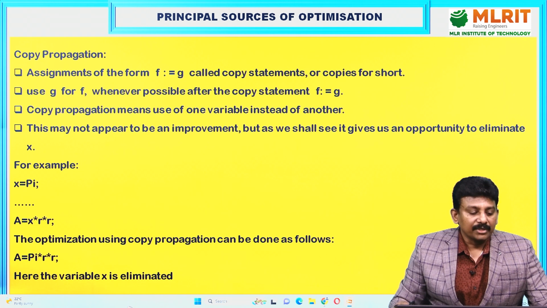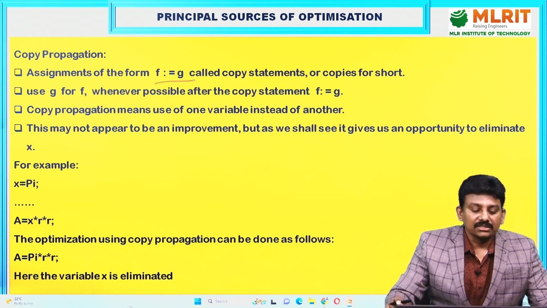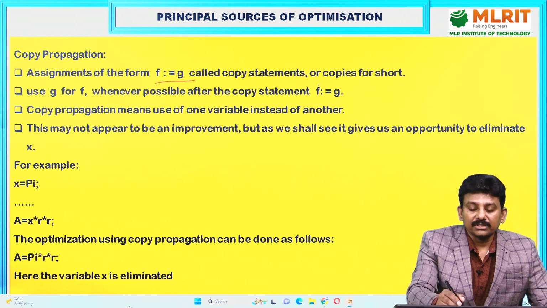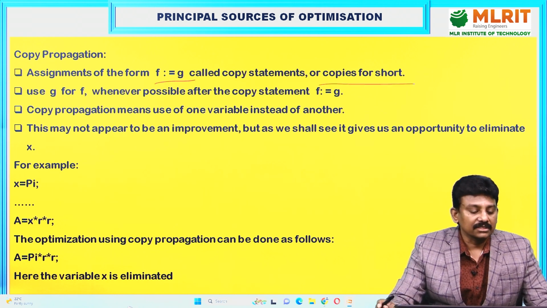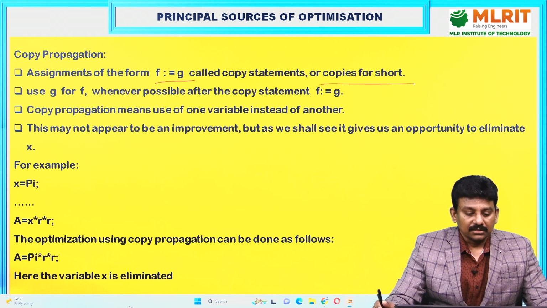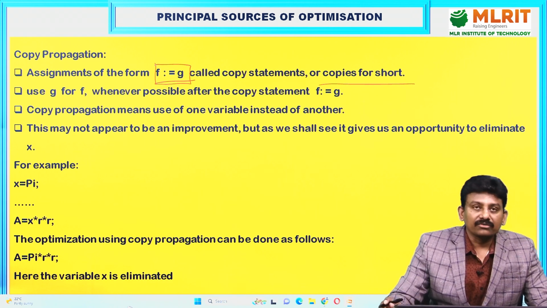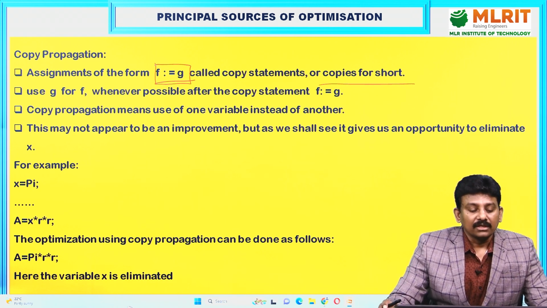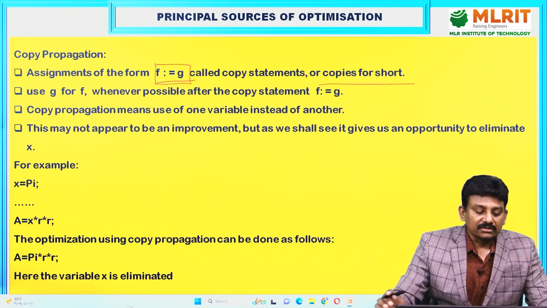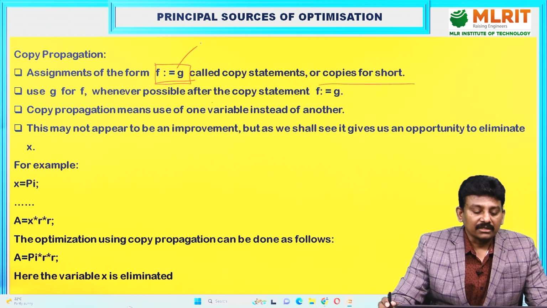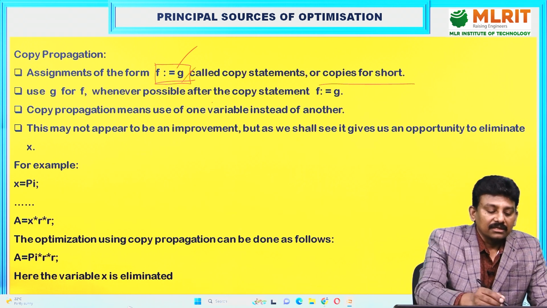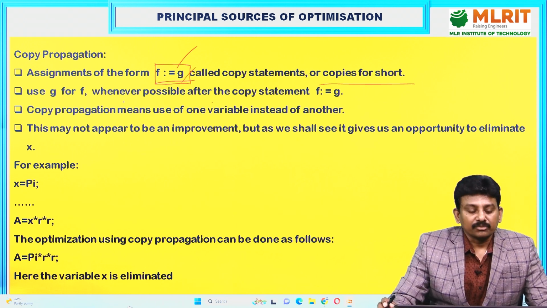Next, copy propagation. Assignments of the form F is equal to G are called copy statements, or copies for short. That is, in the 3 address statements basic block, if the copy statement F is equal to G occurs, that is value of G is assigned to F. So, after doing this copying of G to F, we can use G instead of F in the subsequent basic blocks.